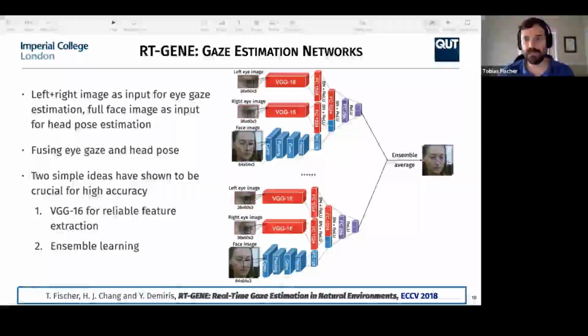And that's a recurring theme which I found in my work, and which you will see later on when I talk about visual place recognition, the work I'm doing currently at QUT. We see that if we average the predictions of multiple networks or different input images, they seem to work better than individual networks.